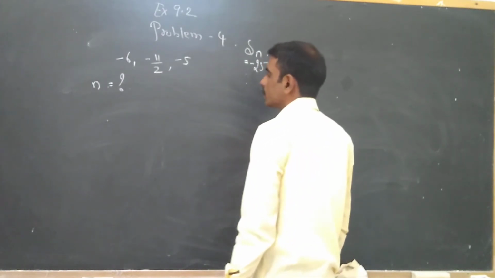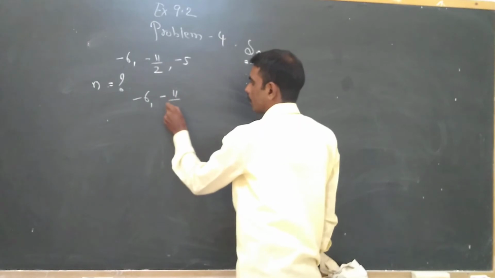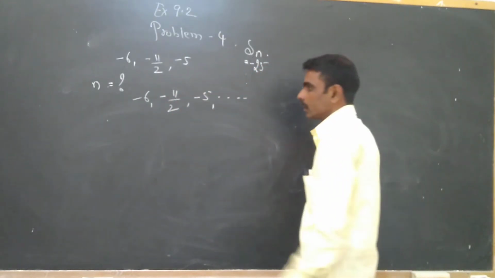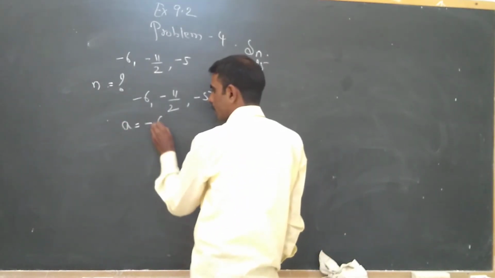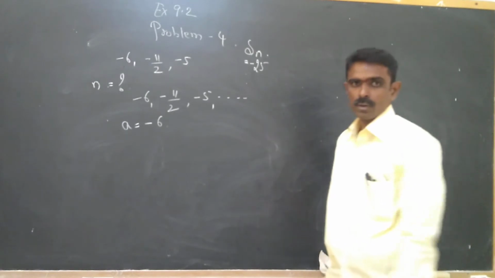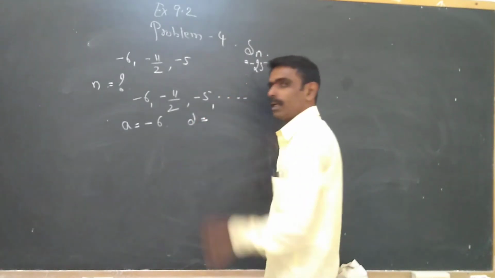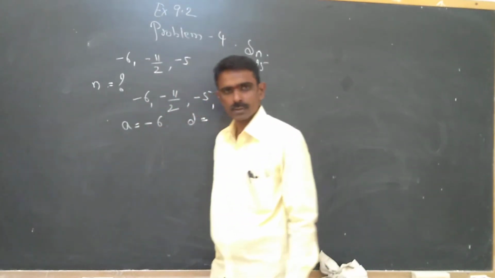So the AP which is there is given by minus 6, minus 11 by 2, minus 5 and so on. Here if you look at this AP, the first term that we get is minus 6. We need to find the value of d. d will be equal to T2 minus T1, is it not?